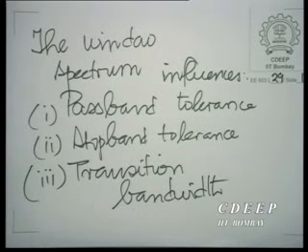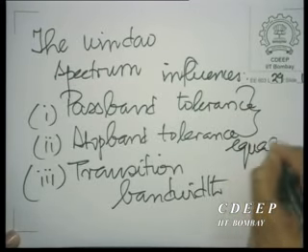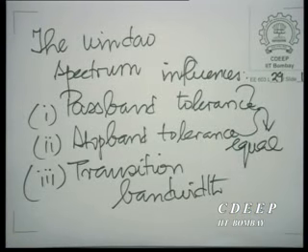Now, in the window approach, we do not have separate control on the passband and the stop band tolerance. In fact, the passband and the stop band tolerance are equal in the windowed approach. And we've seen that in the previous lecture.